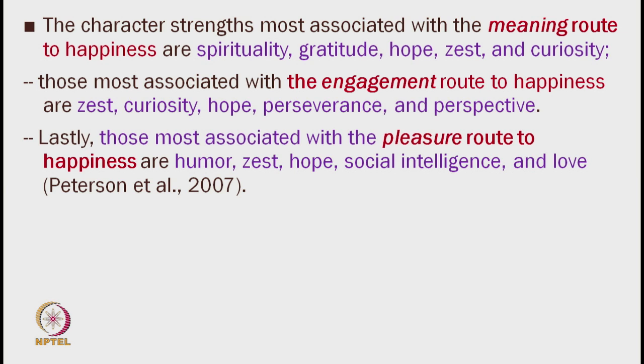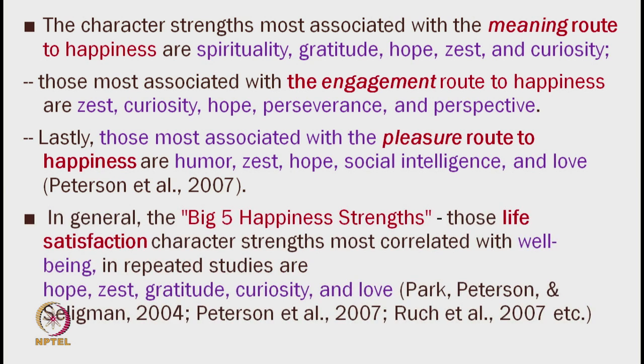On the other hand, for the engagement root, they are saying zest, curiosity, hope, perseverance and perspective are more important. For the pleasure root to happiness, they mentioned that humor, zest, hope, social intelligence and love are more important. So, it means when we talk about different roots of happiness, whether it is meaning, engagement or pleasure, there is a combination of different character strengths which are facilitating more as compared to other character strengths.